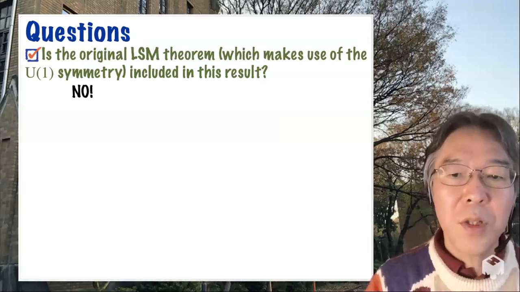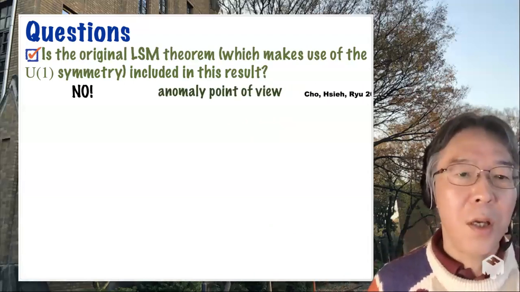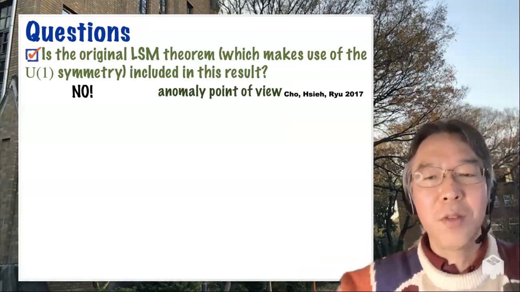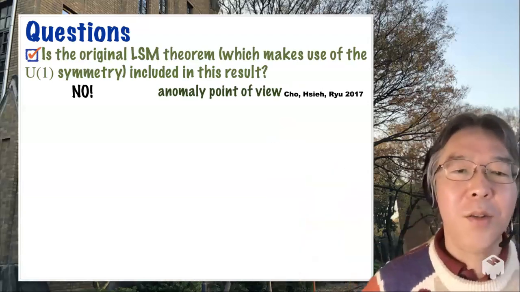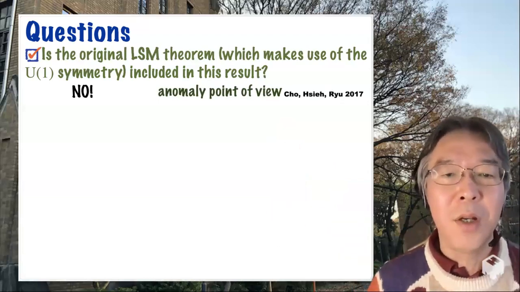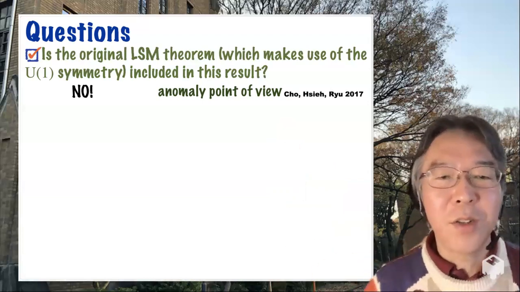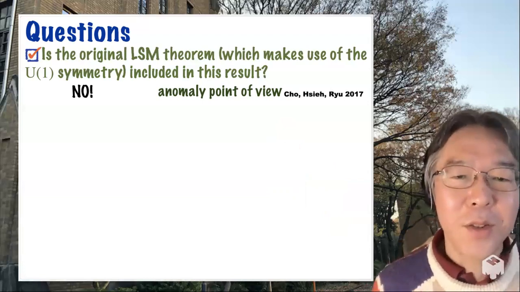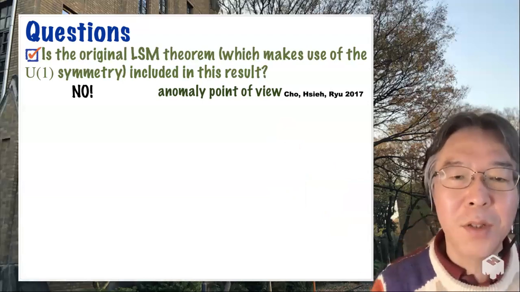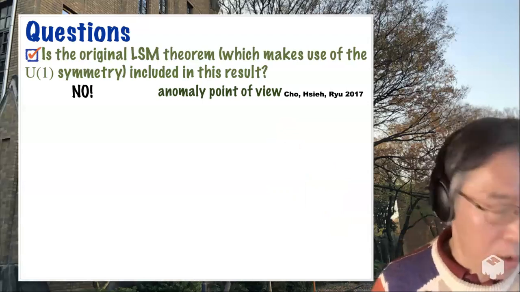But recently I learned that if you take something called the anomaly point of view, like field theory point of view, going to higher dimension and so on, then you can view the original LSM and this kind of new LSM as a part of a larger phenomenon or larger argument. I tried to understand this, but without success. So if you're interested, please look at this paper. It's included in the reference list of the Ogata-Tachikawa-Tasaki paper.